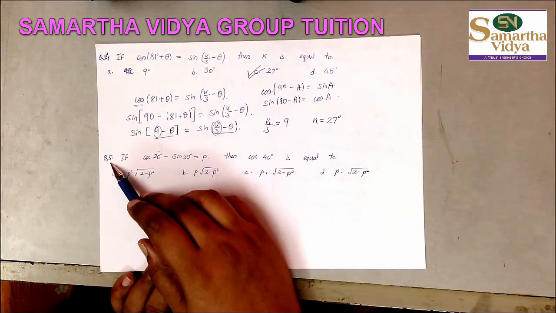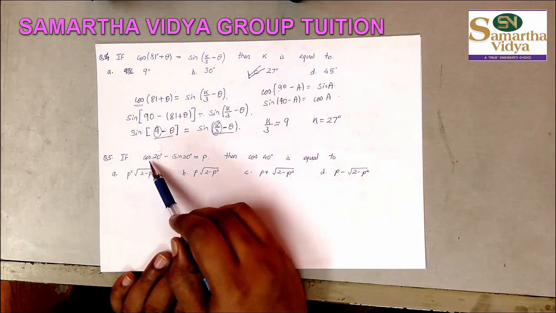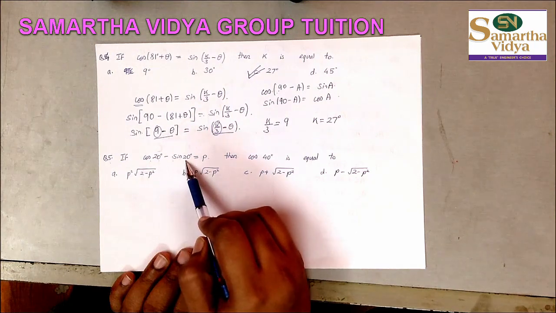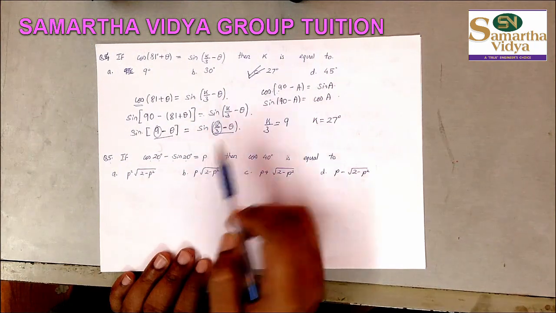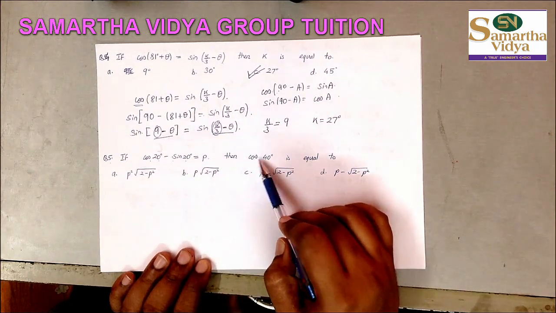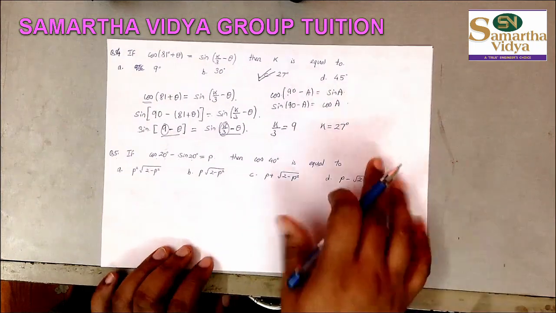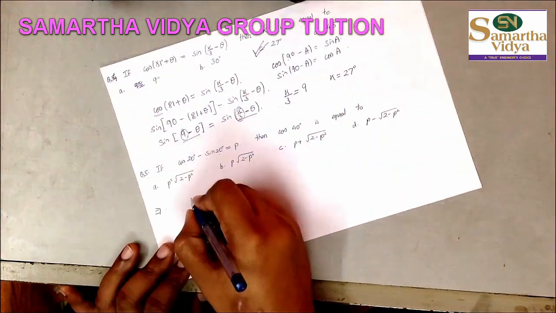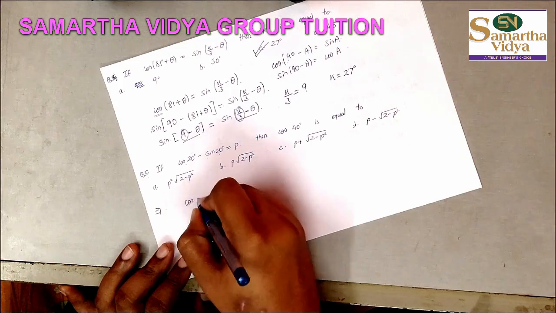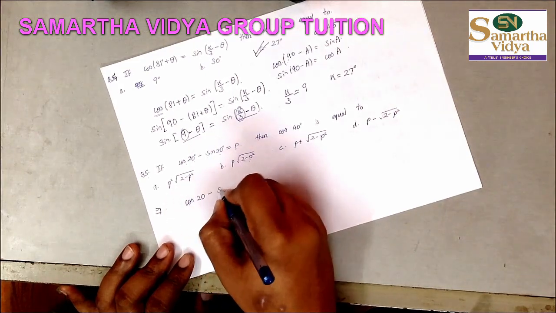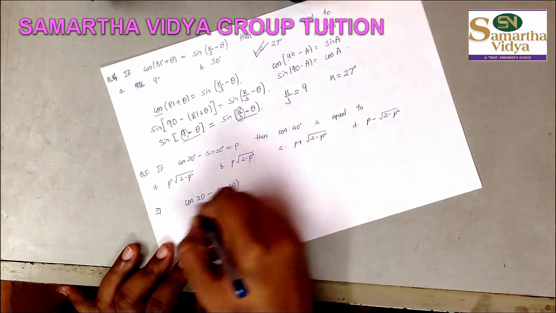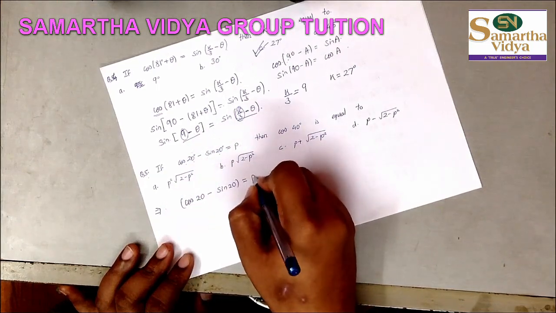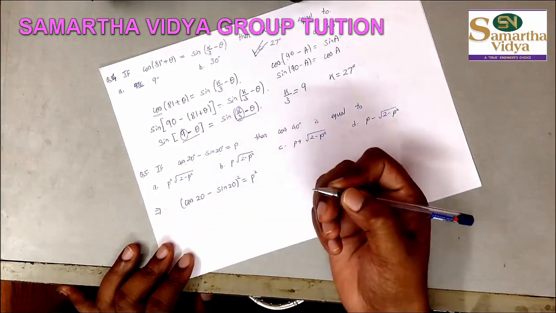Next, going for question number 5. So if my cos of 20 degrees minus sine 20 degrees is p, then what is going to be cos 40 degrees? That is what the question is. We will be considering the given question, that is cos 20 minus sine 20 is equal to p, and we will be taking square on both sides.